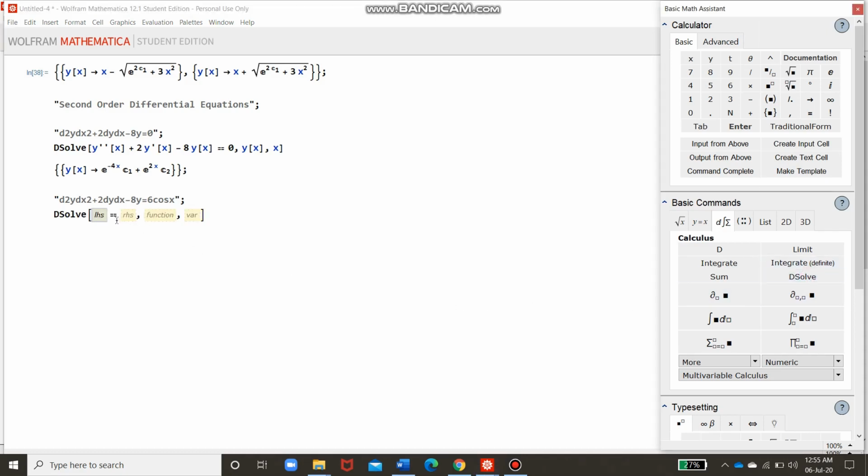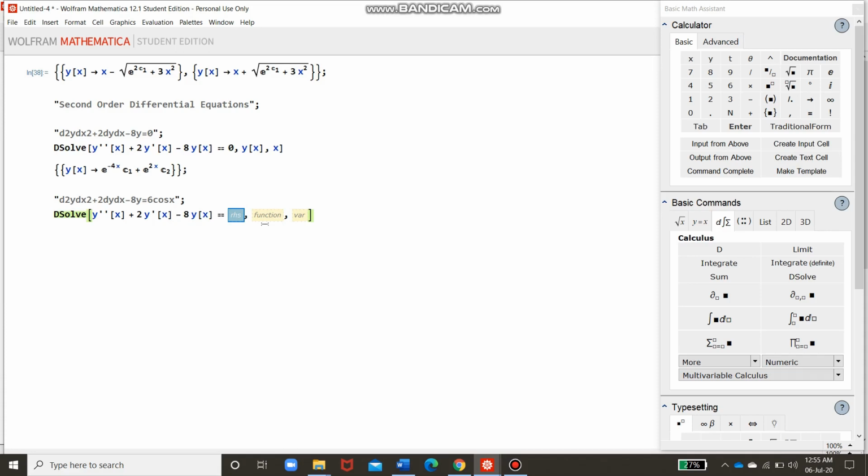In this one, it's pretty much the same. You put y double dash x plus 2 y dash x minus 8 y of x equal, and equal is already there. This time your RHS is 6 cos x.